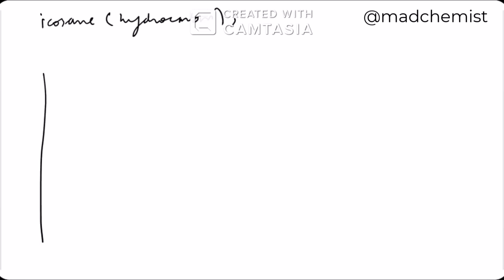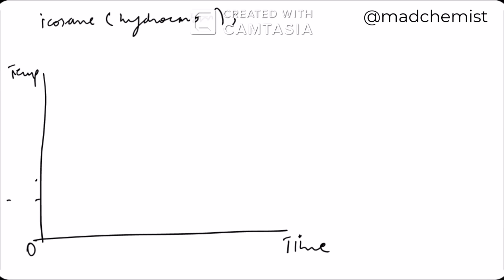So this is the graph we will draw here, and this is 0 Celsius temperature. Here we will take temperature and here we will take time. The melting point of icosane is 37 Celsius, while the boiling point of icosane is 343 Celsius.